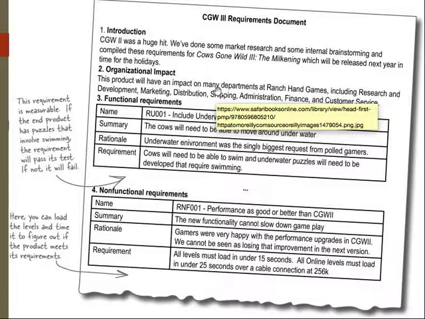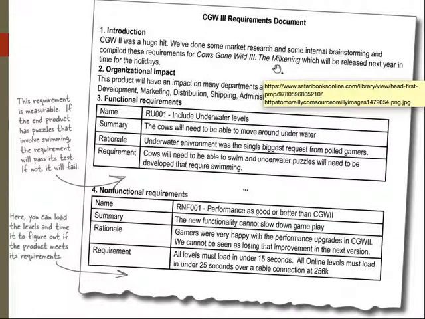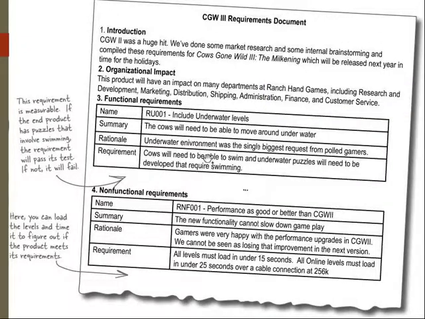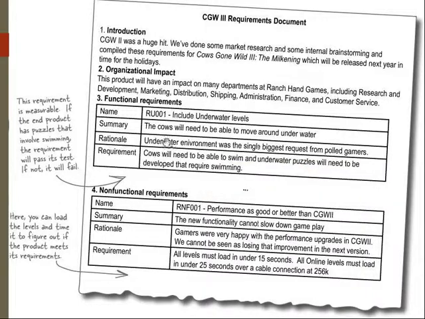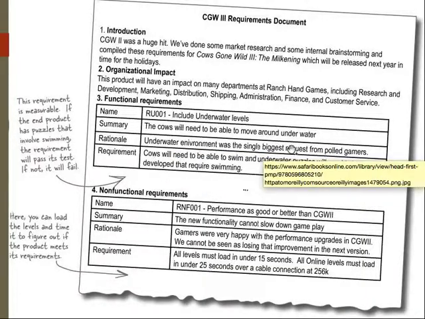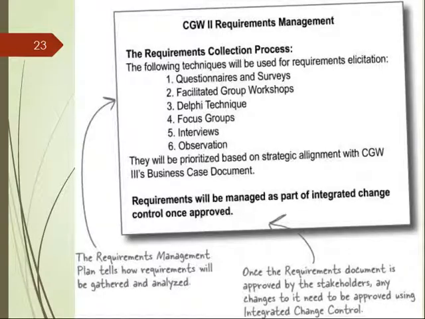So now you know how to write a requirements document if you don't want to be restricted to Scrum. Of course, later on, if you want, you can always rewrite a requirement written in this format into a user story format. So that's possible.